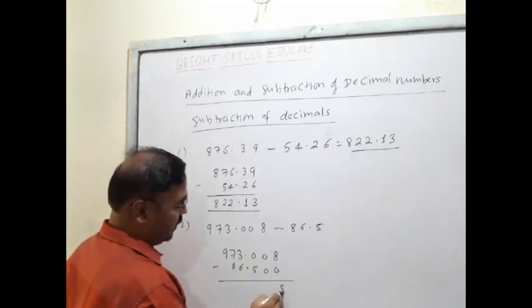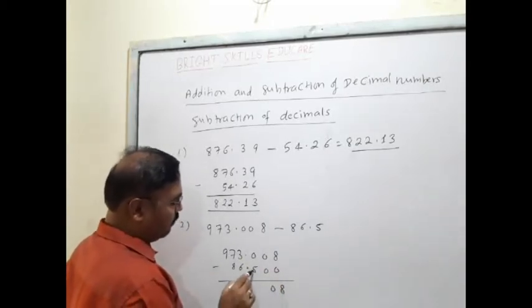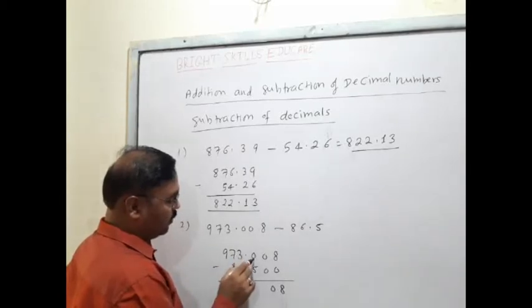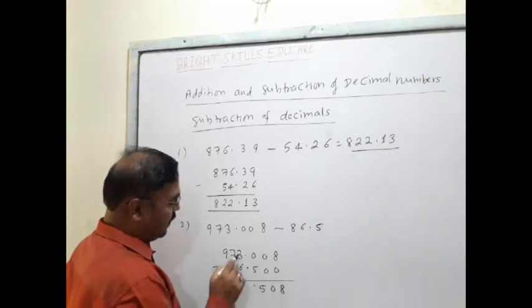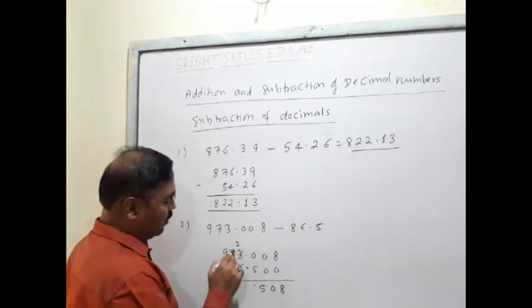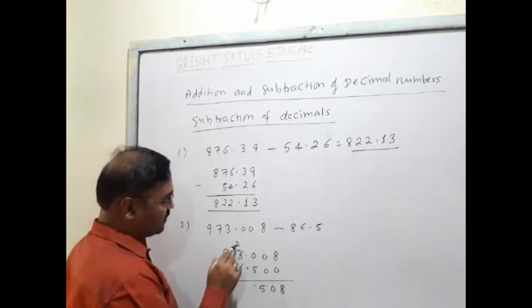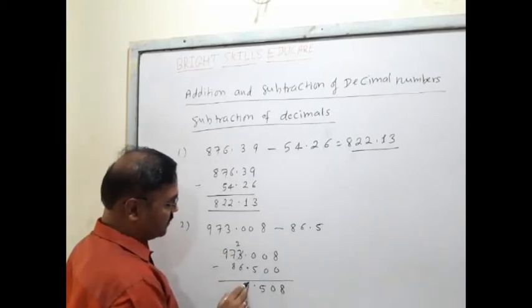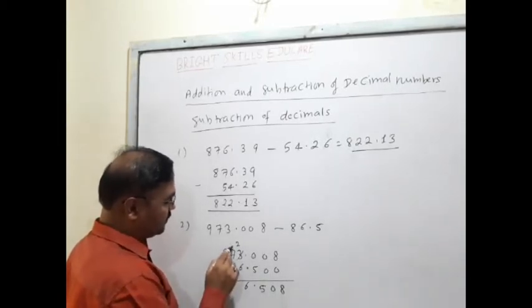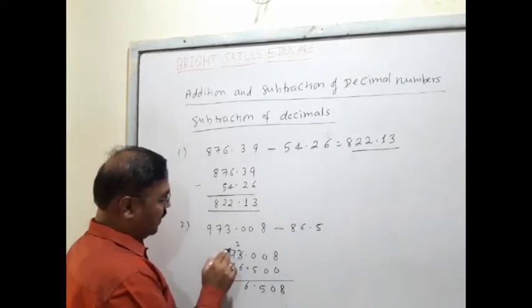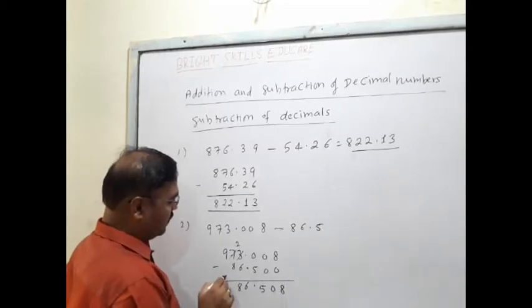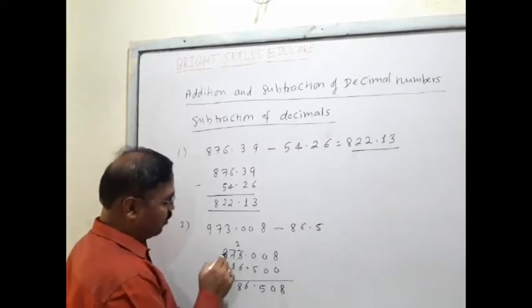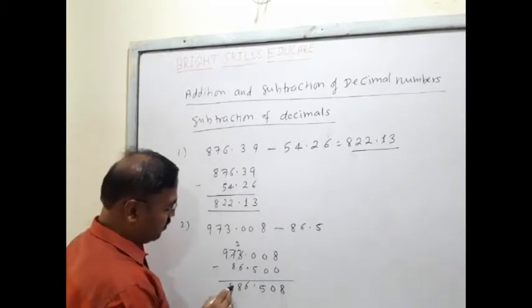8 minus 0, 8, then 0, 5 is there, just take 1, borrow here, it becomes 10, 10 minus 5, 5, here it becomes 2, 1 borrow is taken from 7, so it becomes 12 minus 6, 6, now here it is 6, 1 borrow is taken from 9, it becomes 16, 16 minus 8, and here 1 borrow is given, so it becomes 8 only.